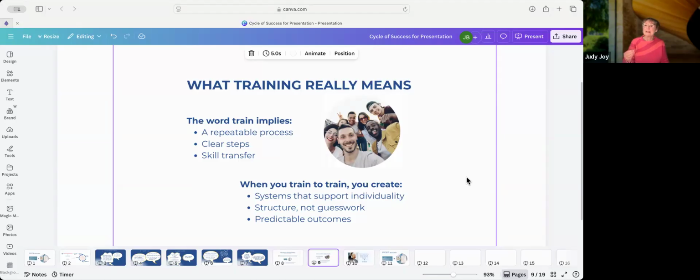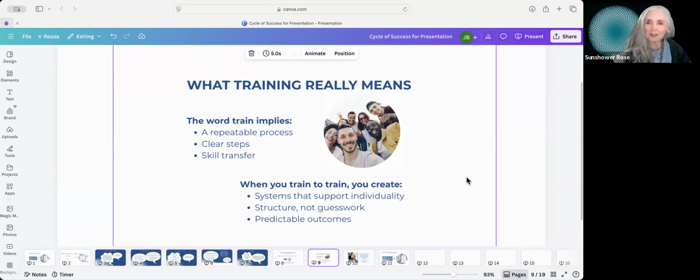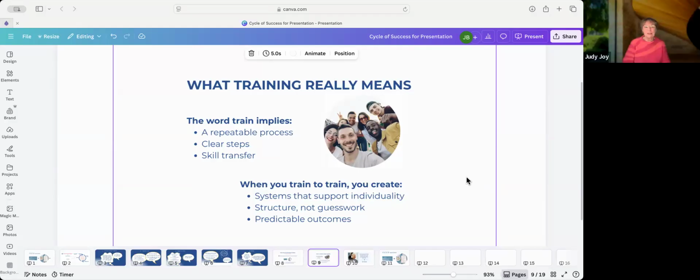I can't guarantee they will have success, but I can guarantee they're on the shortest, cleanest, quickest path to success. Does that help? Yes, thanks so much. Oh, you're welcome. I'll leave this up just in case you have a question about another slide.